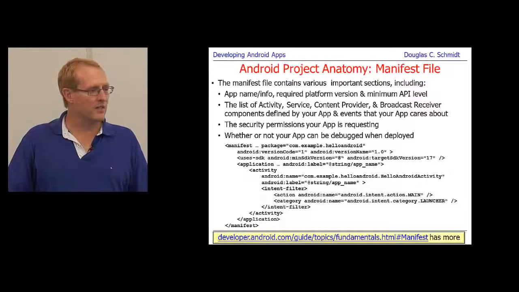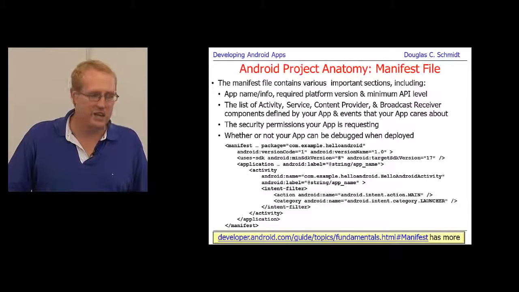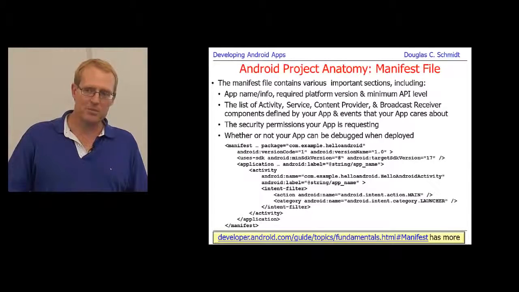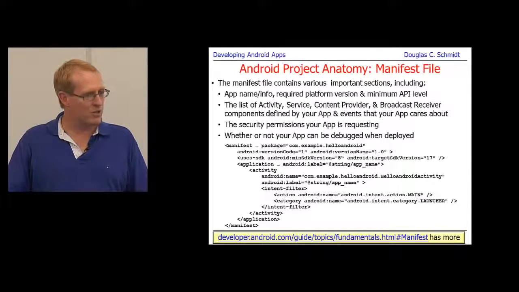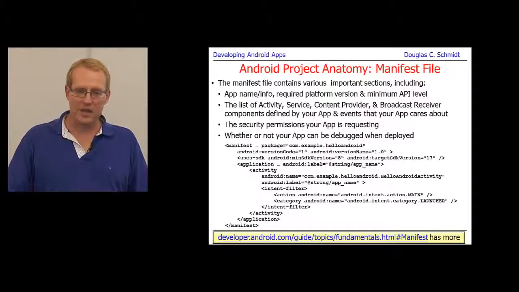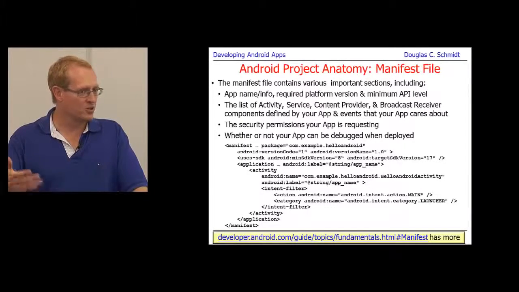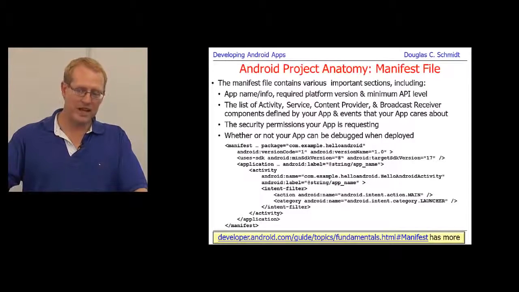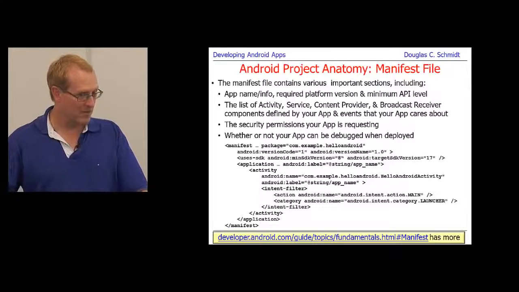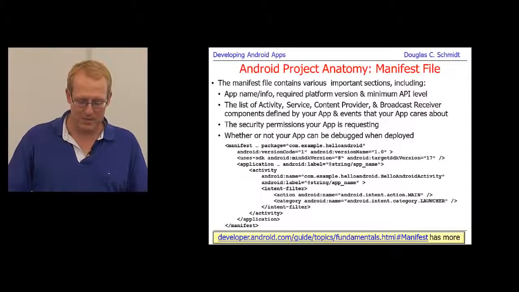There's typically a list of various components, activities, or services, or content providers, or broadcast receivers that are defined by this app. There are also certain kinds of events that this app may be willing to listen for, or its components may be willing to listen for, in case they get broadcast. This app and some of its components might be able to handle those types of events.